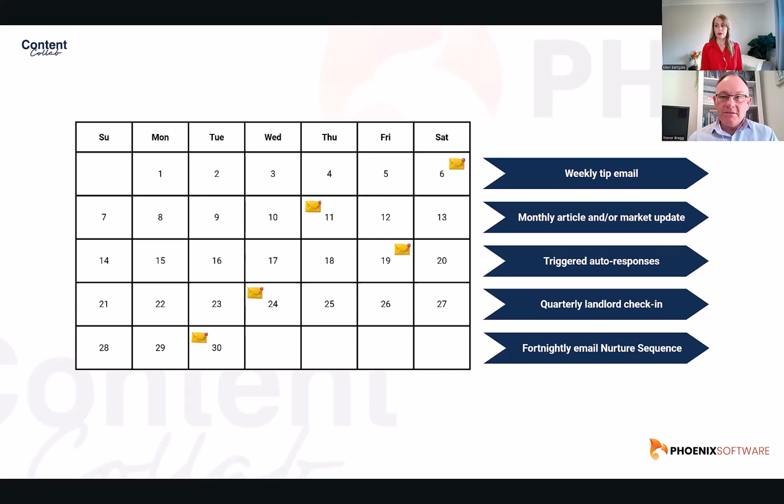And the other one, which has come about recently and a lot of people are wanting to do, is called the nurture sequence, and email is very much used for that. If you have a prospective landlord, and if you think about it, they're probably going to do something in a fairly short period of time, 3 to 6 months, I would say. So a fortnightly campaign to them based around their problem would really help.